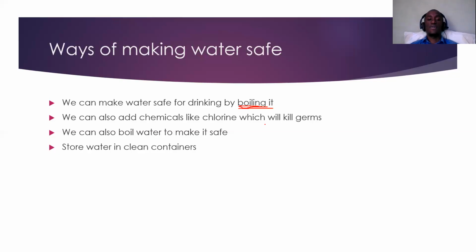Good. Number two, the second way in which we can make water safe for drinking at home is by adding chemicals. So we can add chemicals in water, and that chemical is known as chlorine. The chemical which we add in water is known as chlorine. So this chlorine is going to kill the germs.